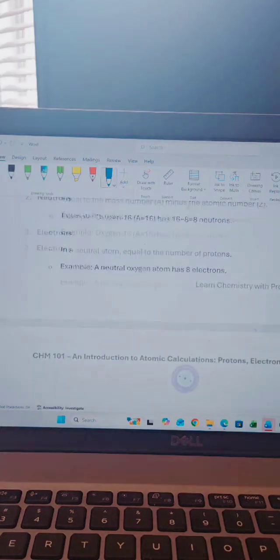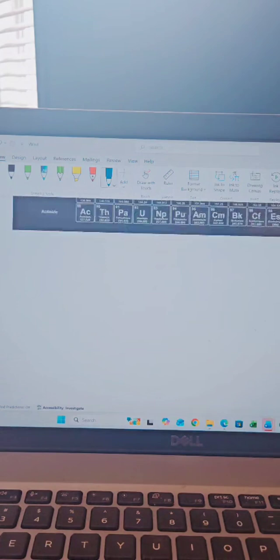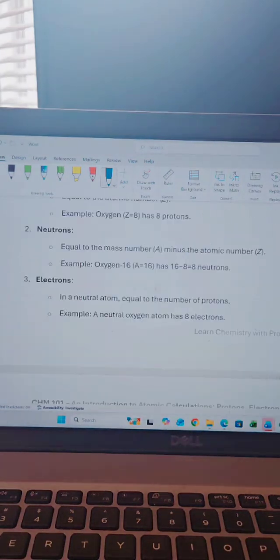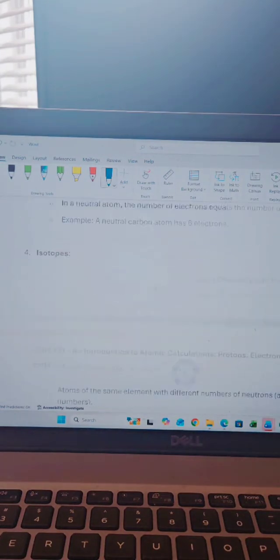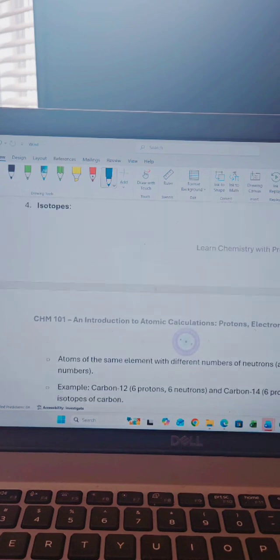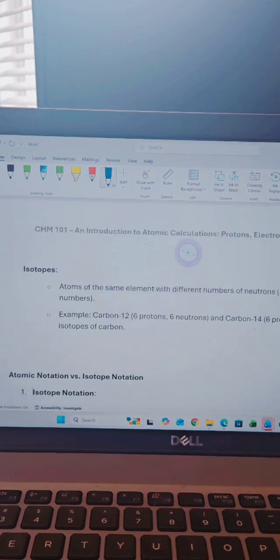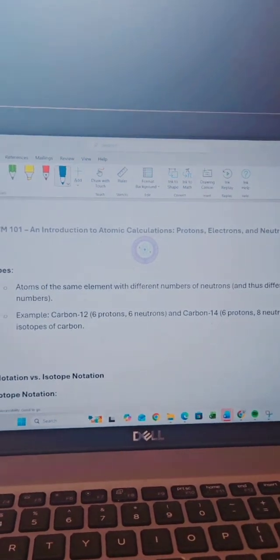All right, so what is an isotope? An isotope is basically the element with different numbers of neutrons.